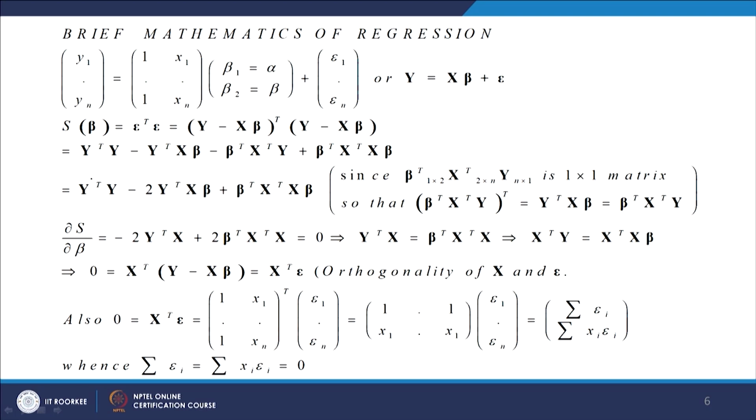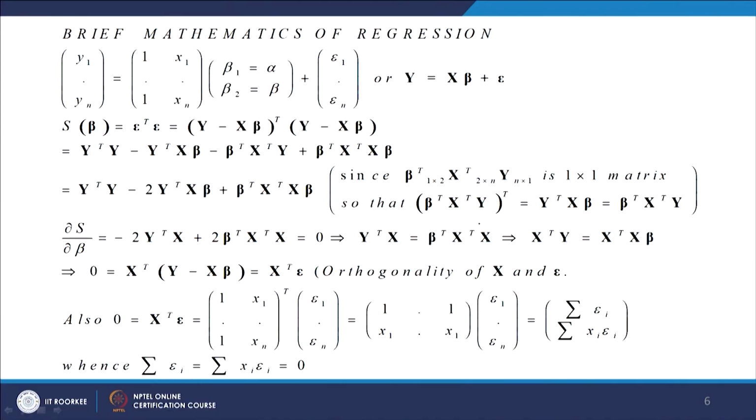So, in terms of matrix notation, we can write it as E transpose E, which is nothing but the squares of the deviations from the mean of the error terms or the random terms. And on simplifying this and using matrix operations on the transposes, we arrive at this expression.